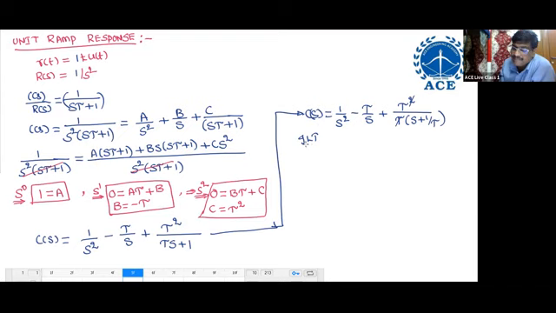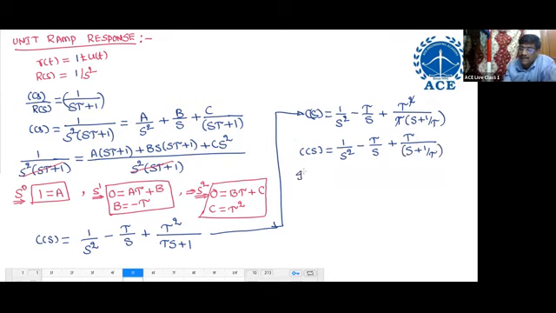So what are you getting? One more time, write it. What is C of S? C of S equal to 1 by S square minus tau by S plus tau by S plus 1 by tau.